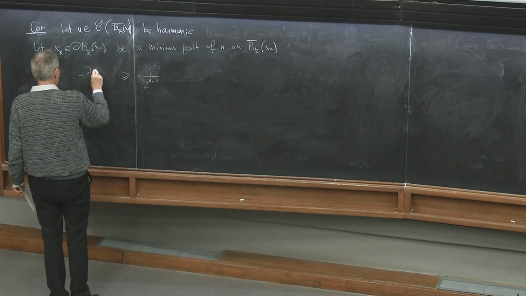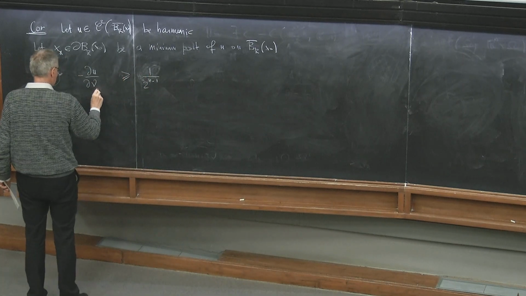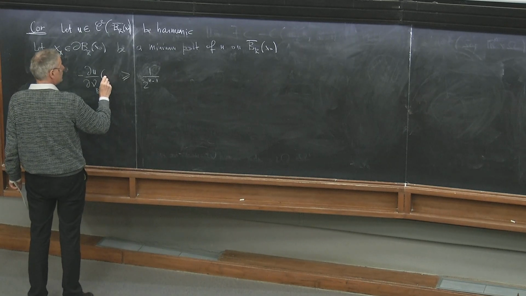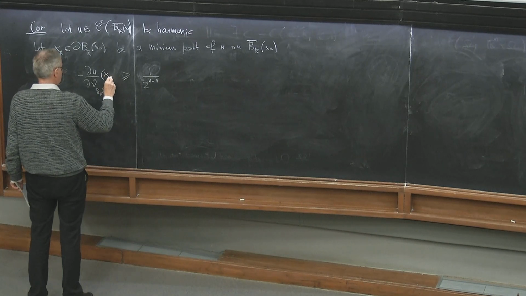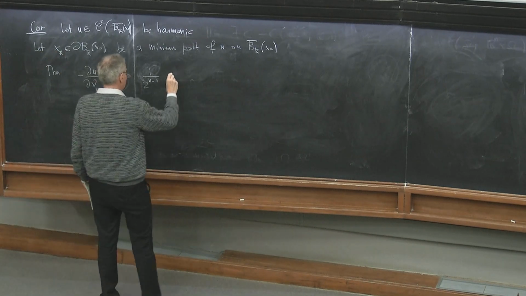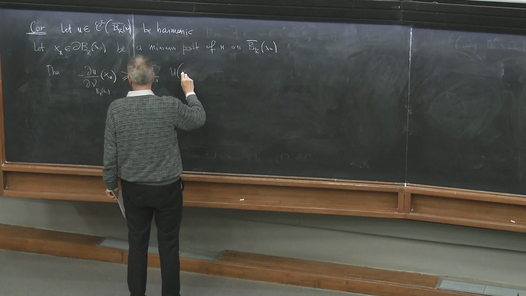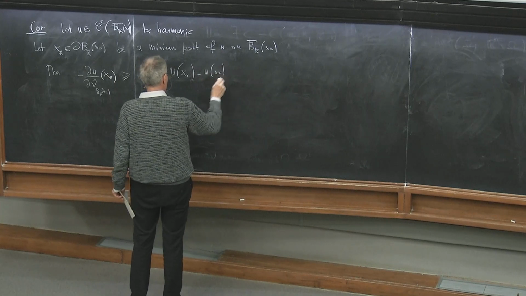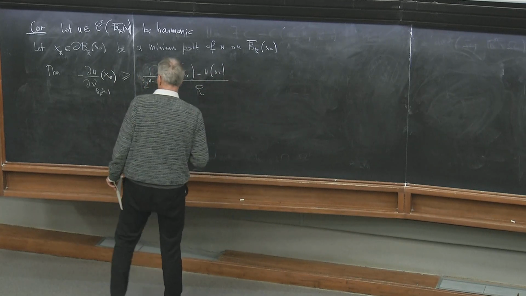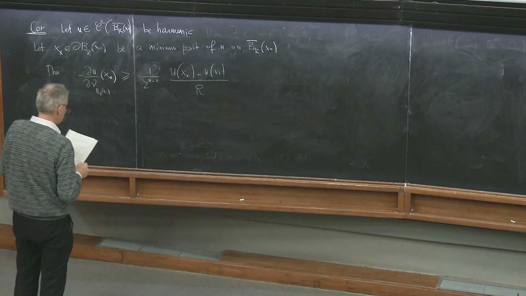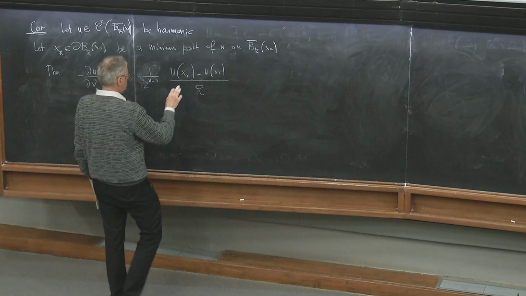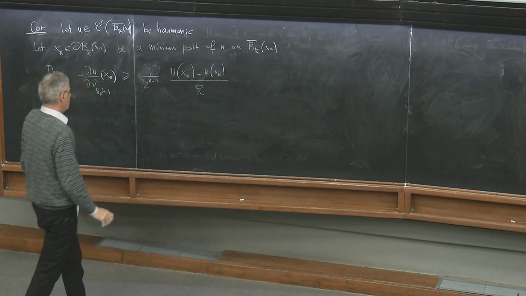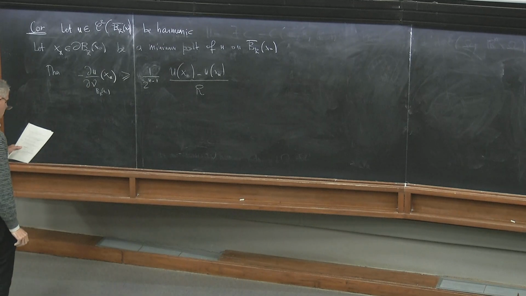So minus du over d nu at the minimum point x star is at least that constant times U of x0 minus U of x star, over R. Sorry, the minimum is positive, so x star. The constants are correct.